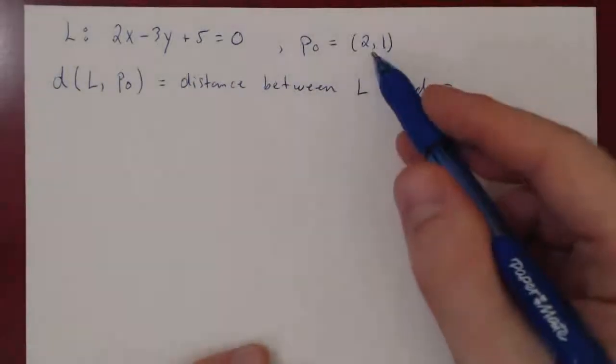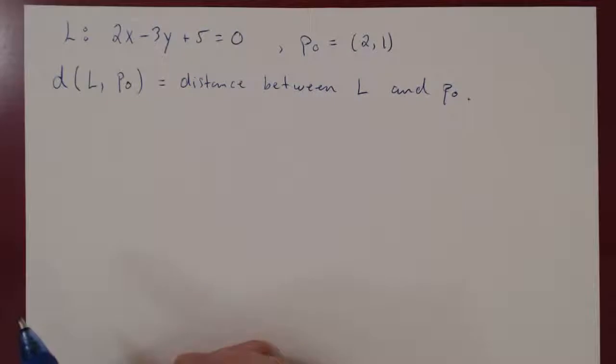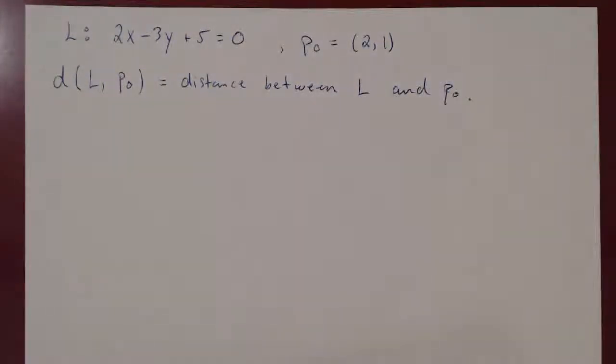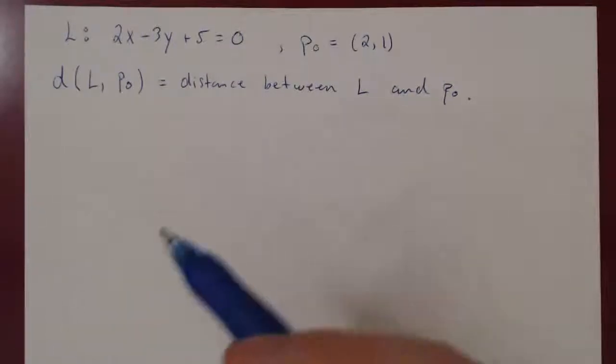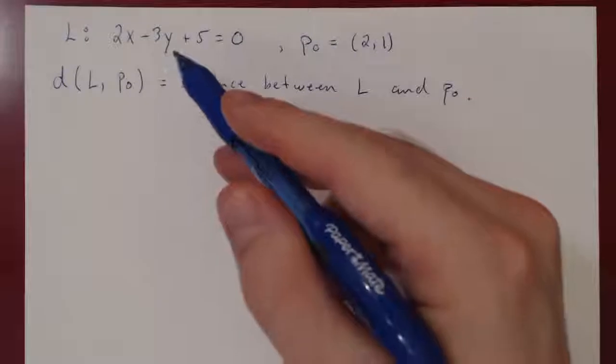Before we try to find the distance, let us first make sure that we have here a non-trivial problem. And what do I mean by a non-trivial problem? Well, what if the point was on the line? The point would then touch the line, and the distance would be 0. So we have to make sure that the point is not a point on the line.